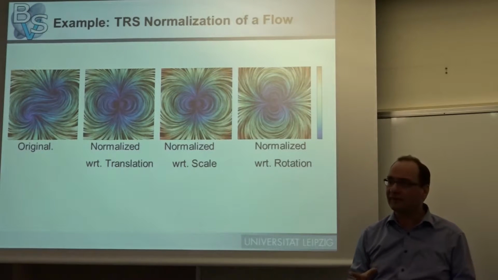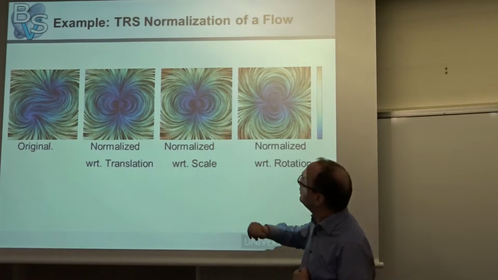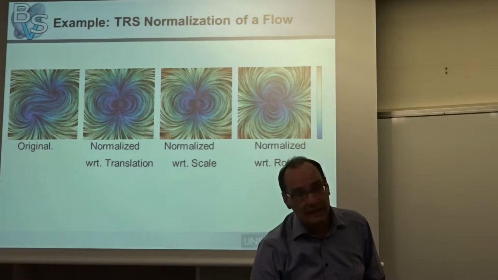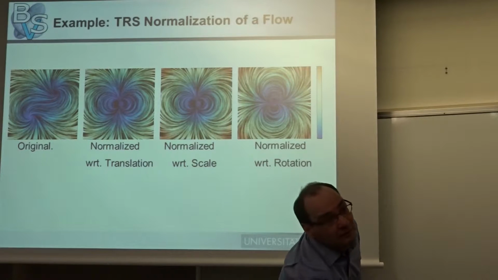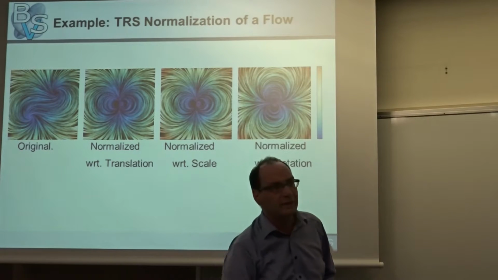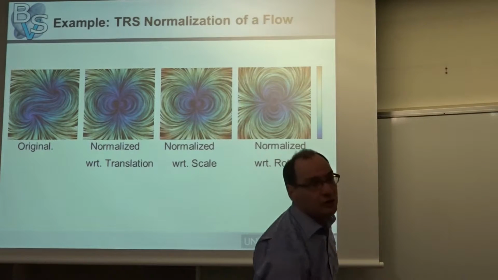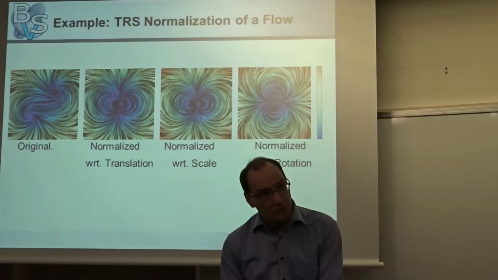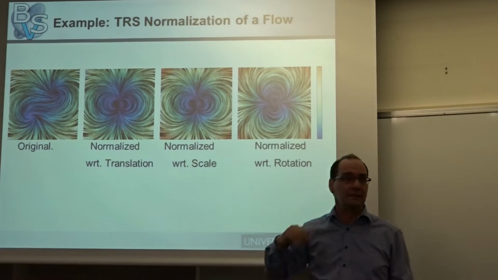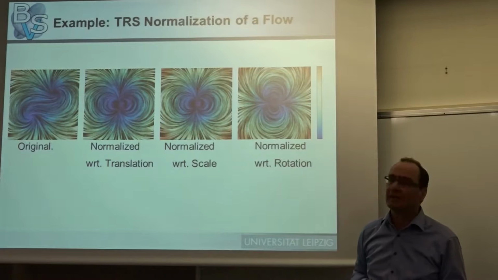That doesn't make sense in color fields because it would mean I subtract a certain color, but sometimes if I have a vortex rotation and superimpose on that a movement in this direction, then I won't see the nice vortex pattern because I see a mixture between the rotation motion and this translational motion. So I can subtract that translational motion and still see there is a vortex, but it's not appearing in the way I would like it. And then it's up to you. Do you want that correction or not? We'll see that later.